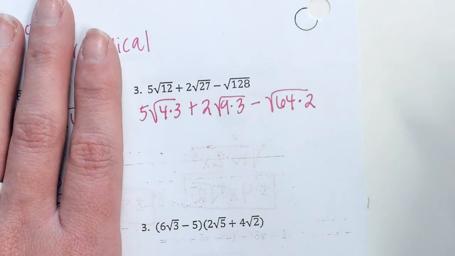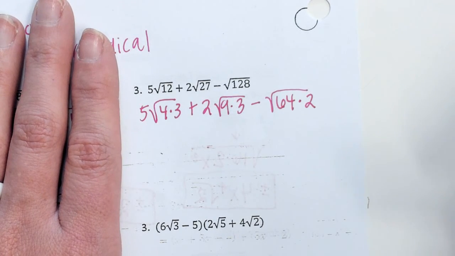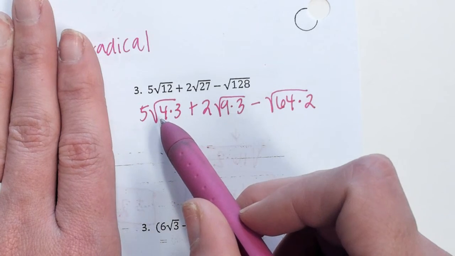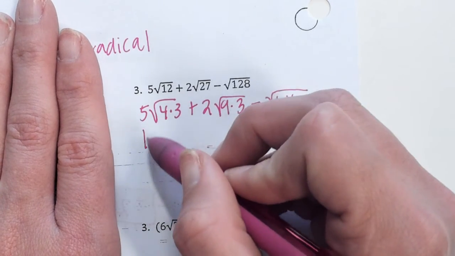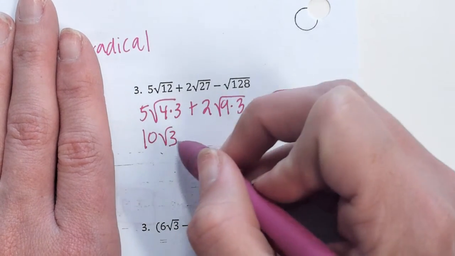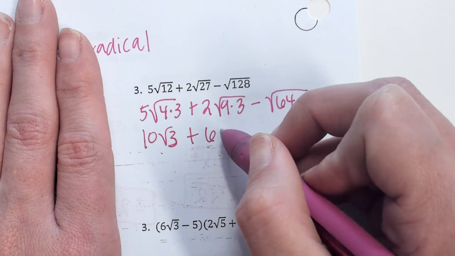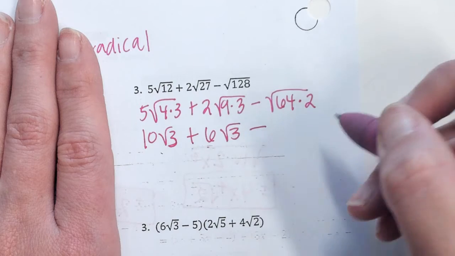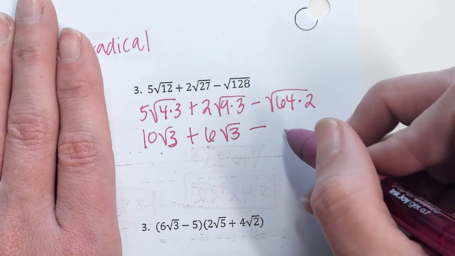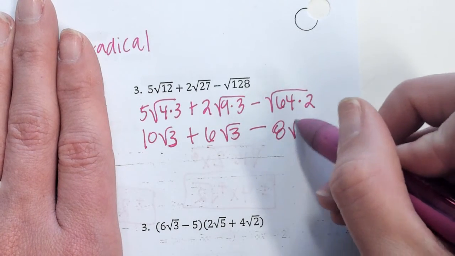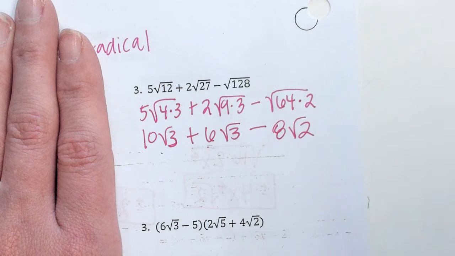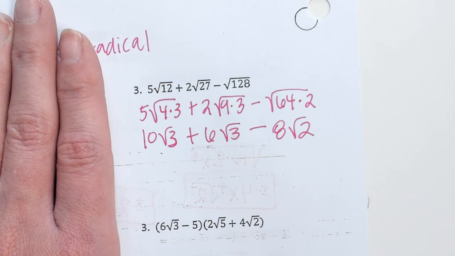Very good. Alright, let's simplify. Lucas, what's this one going to be? Alright, Jillian, what's the next one going to be? And Ashton, what's this last one going to be? Root. Alright, any questions about that part?